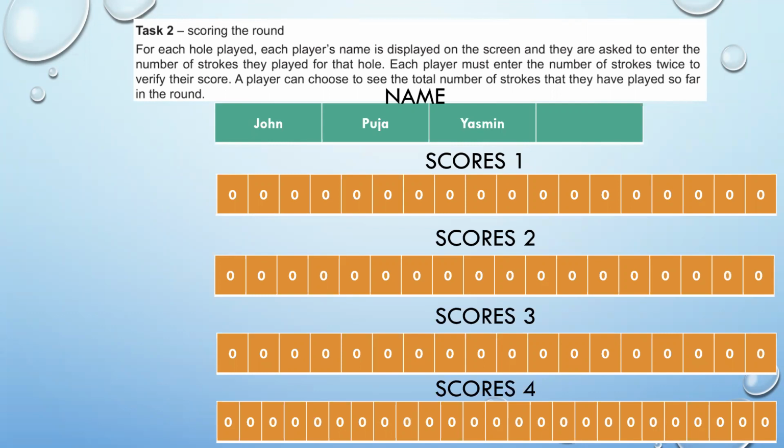Scores 4 is the 4th scorecard that we had declared in task 1 because maximum number of players as per the pre-release material was 4. So we had 4 scorecards with us and space for the names of 4 players. Now we are assuming that in our current task we have 3 players, so we'll be using the first 3 scorecards.